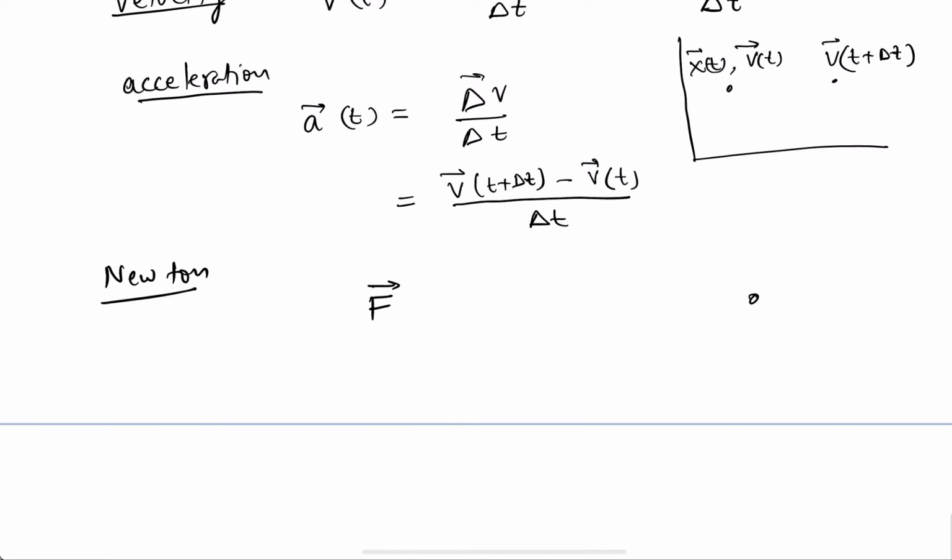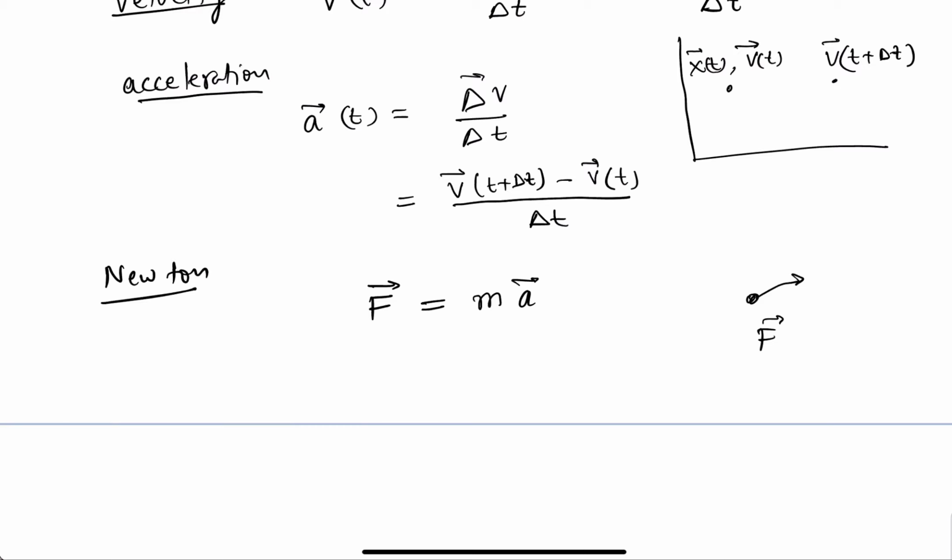There's a particle, it is moving in space. The reason it is moving in space is because there is a force acting on the particle which causes it to move. So somebody, let's say, is pushing or pulling the object. This force, according to Newton, is equal to mass times the acceleration.